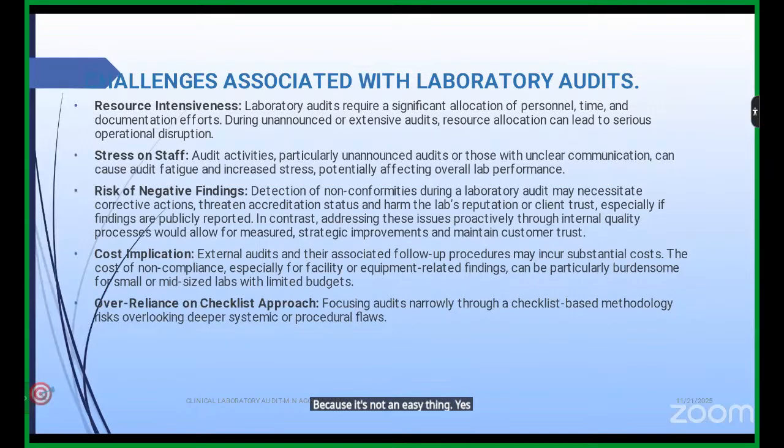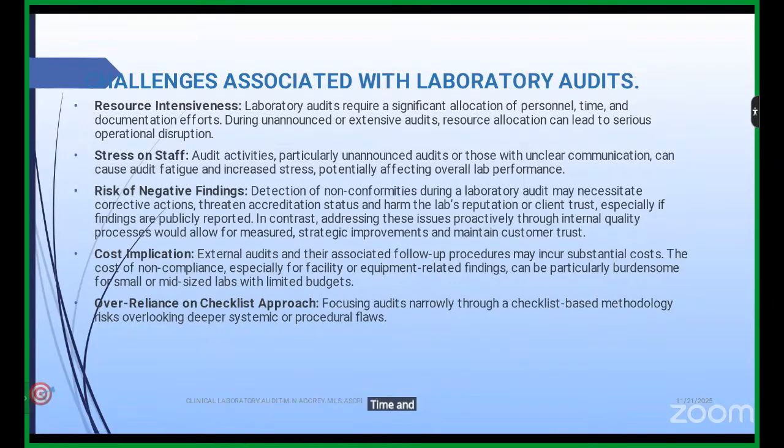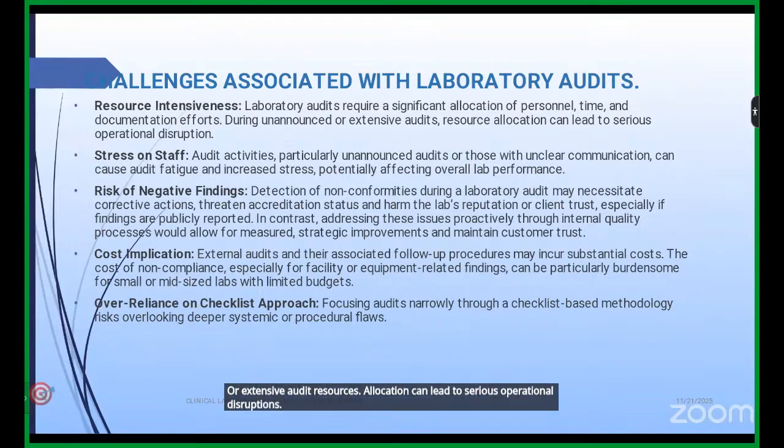Yes, it's not easy because of resource intensiveness. Laboratory audits require significant allocation of personnel, time, and documentation efforts during unannounced or extensive audit resources. Allocation can lead to serious operational disruptions.